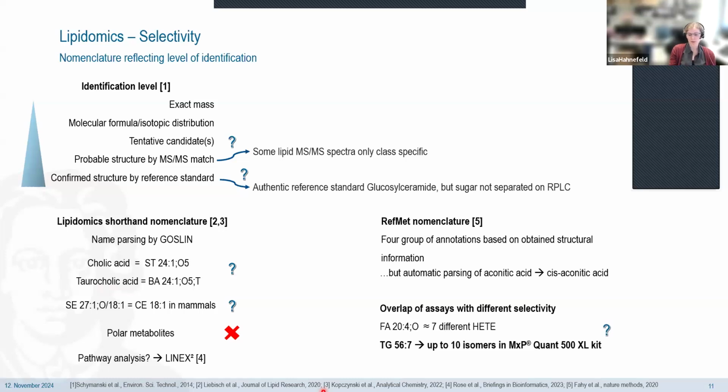And probably the problem in the Alistair example I showed you was that in the extended MxP Quant kit, the XL kit, you measure up to 10 isomers of TG 56:7. And of course, all of these can provide different information and might act differently. So this is then a huge problem. How do you handle this data?